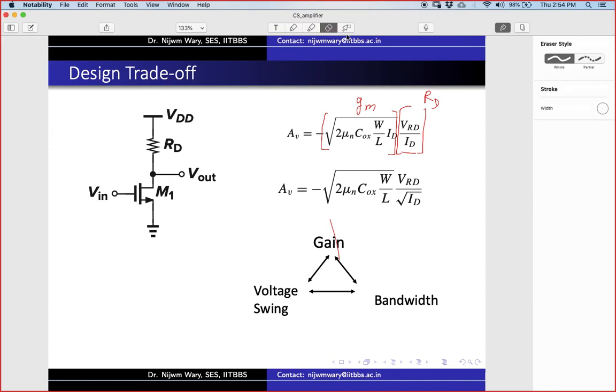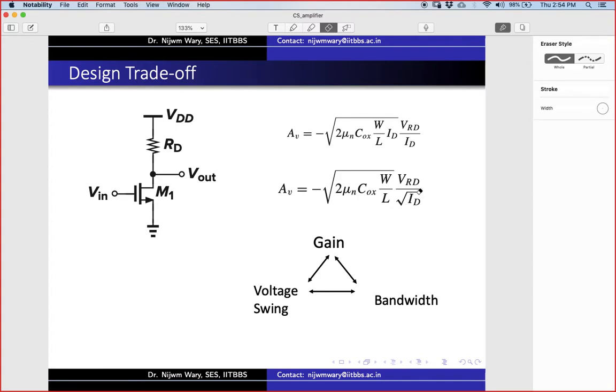Now this leads to some conclusions from this expression. If I want to increase the gain, what parameters do I have? One thing is I can increase the W by L ratio, which is generally done. The other thing is I can increase the voltage drop across RD, or surprisingly, if I decrease my ID, then it is possible.